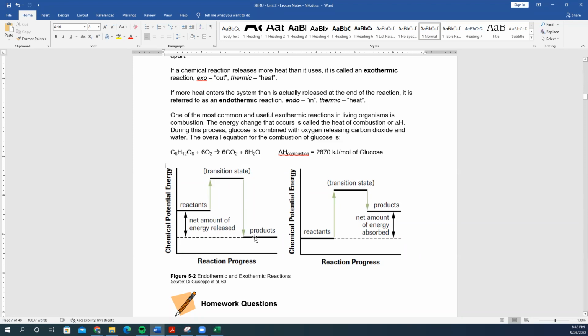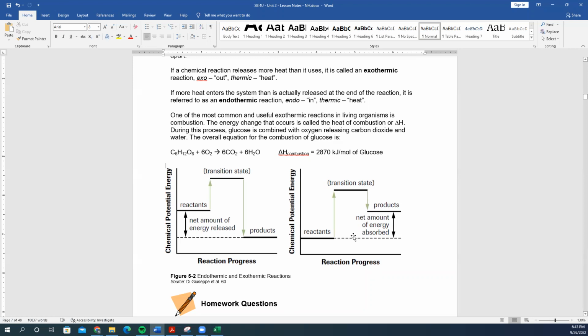The products have lower chemical potential energy, so some energy must have been released. So whenever you have this sort of energy plot, I hope you can all agree that this is indicative of an exothermic reaction where energy is released. The products have less energy, so energy has been released.